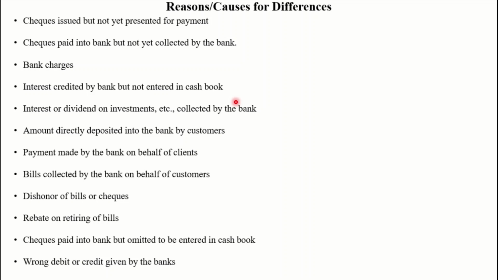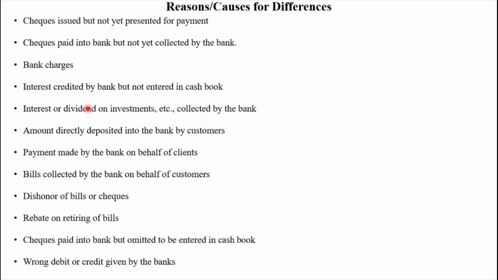When the bank allows interest to the customers, it will credit his account and his bank balance will be increased. But the customer will know about it only when he receives the passbook or bank statement, and then he will pass an appropriate entry in the cash book. That is another reason, that is, bank interest credited by the bank but not entered in the cash book.